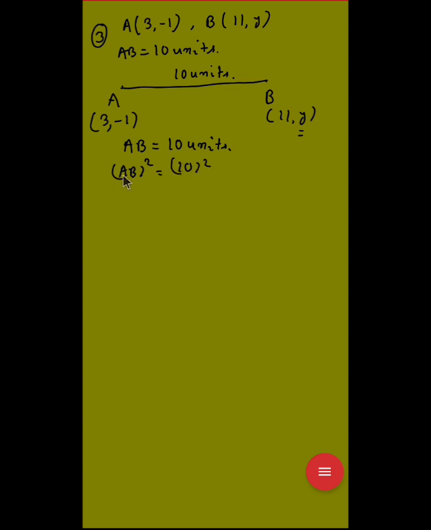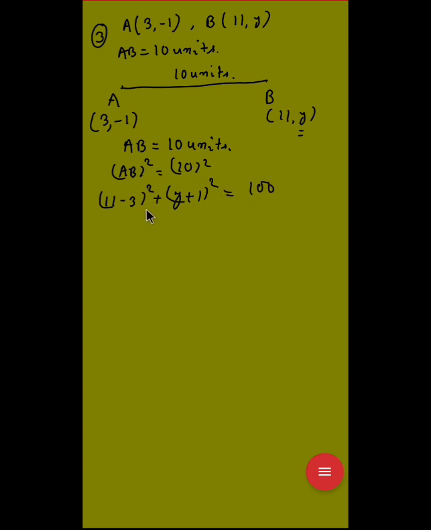So AB squared is defined by (11 minus 3) whole squared plus (y minus of minus 1), so minus minus plus, it is (y plus 1) whole squared, is equal to 10 squared, which gives the value 100.